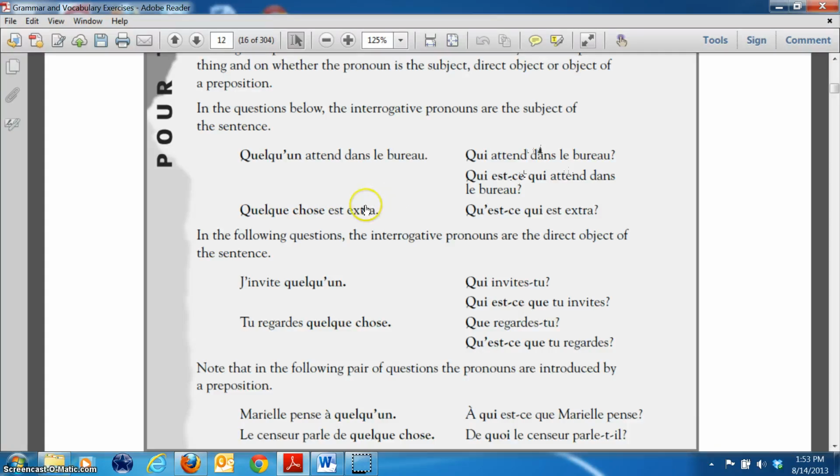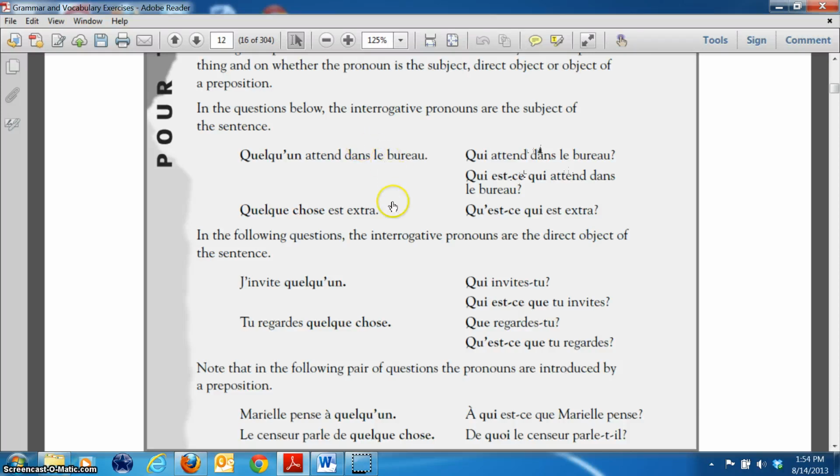Now notice we have a que here because it is a direct object. This person we don't know is a direct object of the verb. How do I know that? Well, I have a subject here. You can never have que and verb together, okay? There has to be something in between. But that's different with qui. With qui, you can have qui and a verb right after, and there's nothing in between.